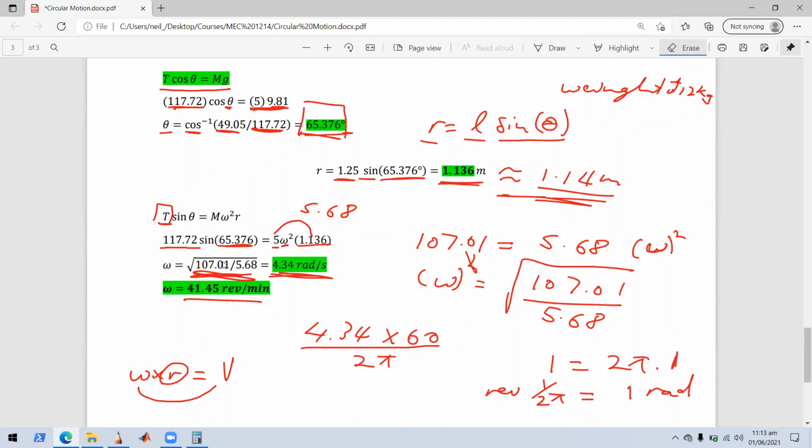You can't have this relationship between linear velocity and angular velocity if the angular velocity is in revs per minute.